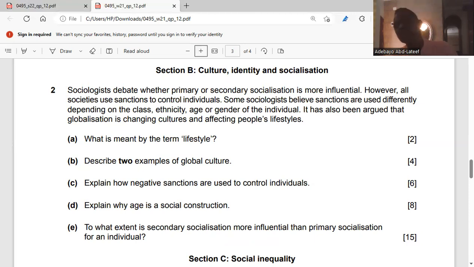We're talking about a typical way of life that an individual chooses, or a group of people, or a society chooses. Describe examples of global culture. An example of global culture is food. You can take Chinese food, Indian food, Nigerian food.